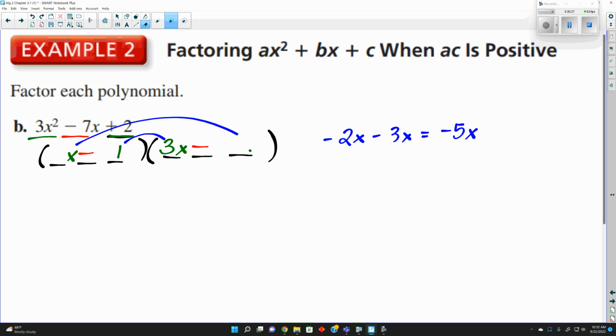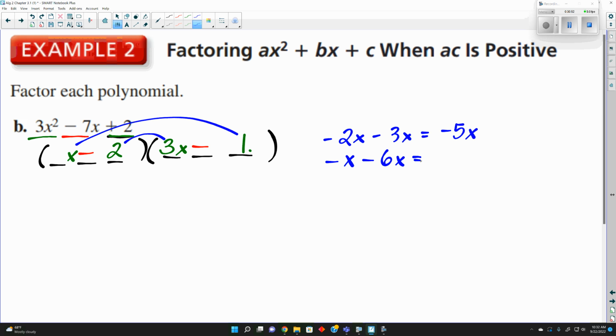So we can switch the 2 and 1, which gives us negative 2 and negative 1. And we can try it again. X times negative 1 is negative x. Negative 2 times 3x, well, negative 2 times 3 is negative 6x.